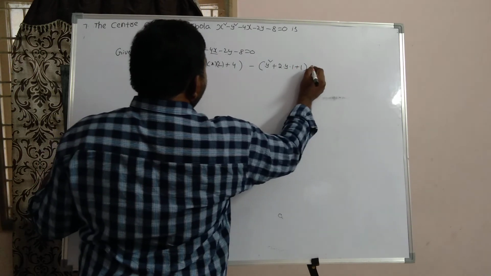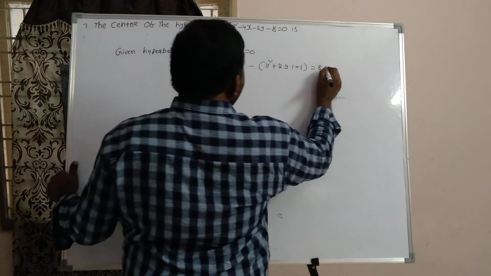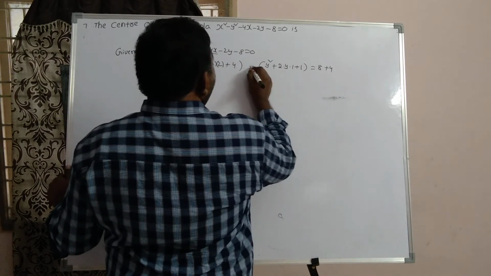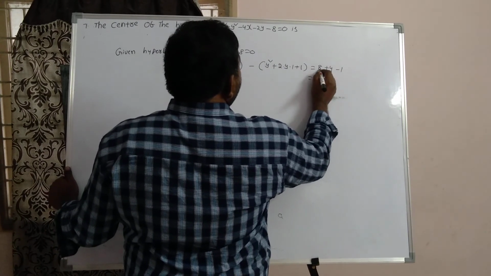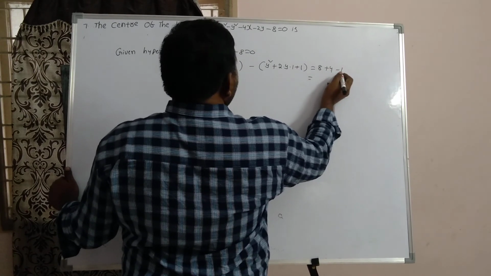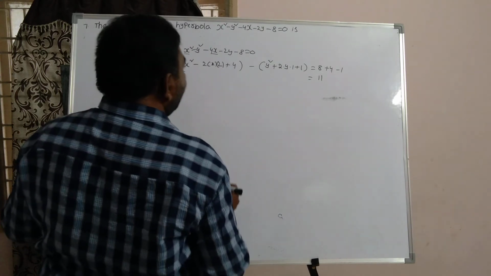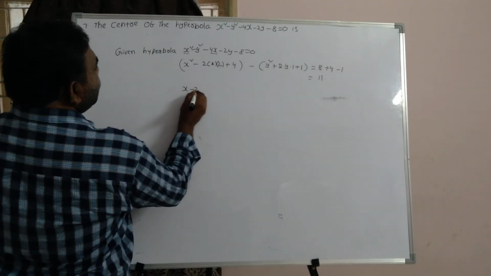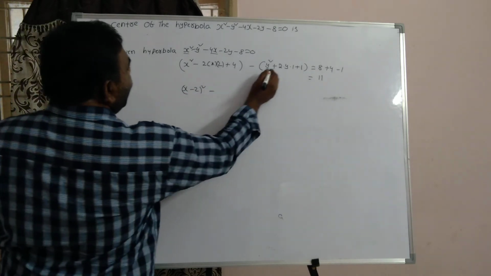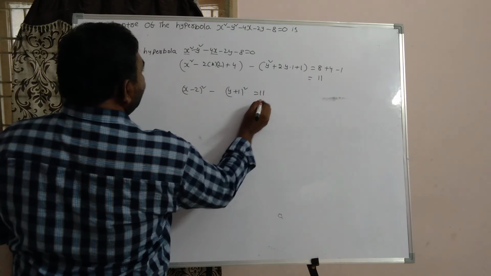Minus 8 take that side. It becomes 8. If this side add plus 4, here also plus 4. Here we subtract minus 1, so here also minus 1. So here 8 plus 4, 12, 12 minus 1, 11. So we get here 11. So here it can be written as x minus 2 whole square minus y plus 1 whole square is equal to 11.